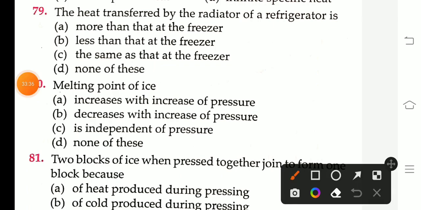Right answer will be option A. More than that at the freezer. Next, melting point of ice. Right answer will be option B. Decreases with increase of pressure.